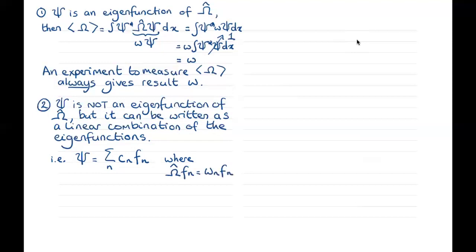So I'm using simple f sub n here to represent an eigenfunction of the operator omega. But my wave function that I want to calculate the property of isn't equal to one of those eigenfunctions. It's equal to a sum over many of them.